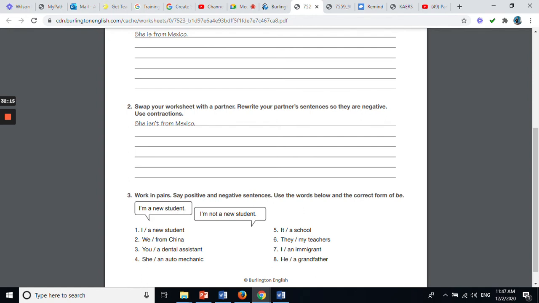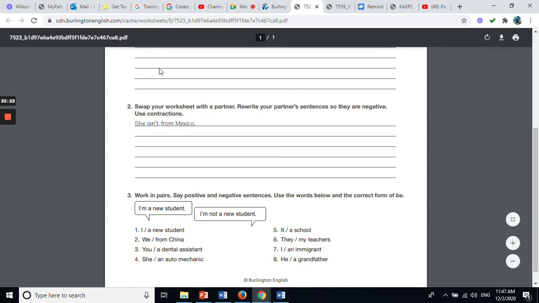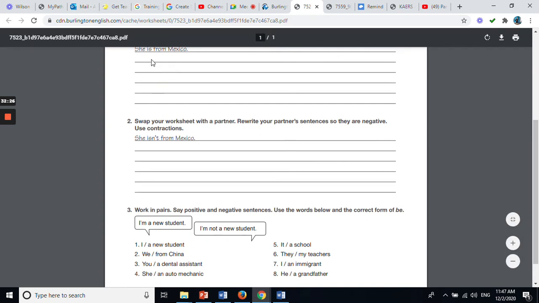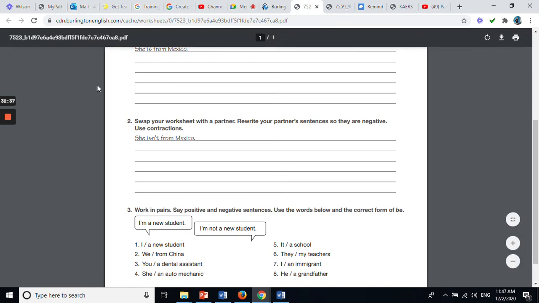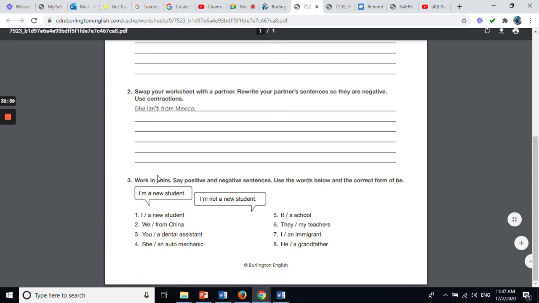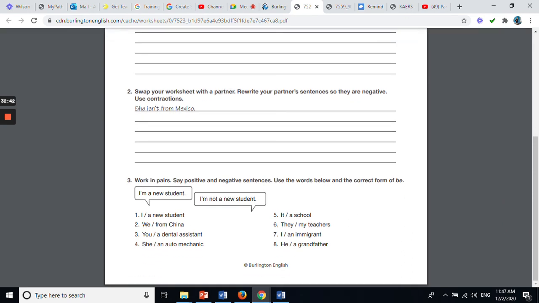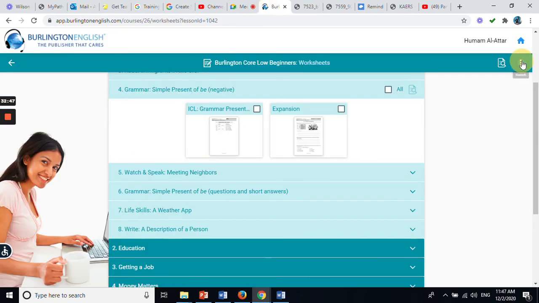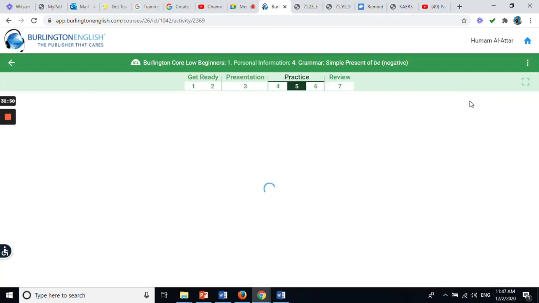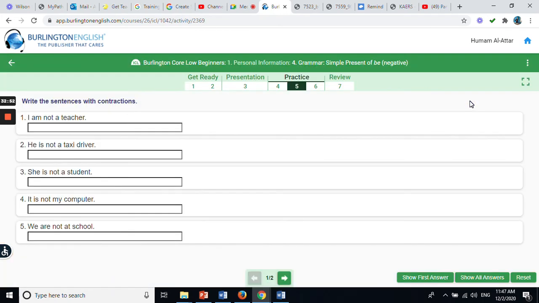And on this one, since we're not together, you're going to write these 5 sentences again, but in negative. So number 1 is positive, number 2 is negative. This will be your homework.